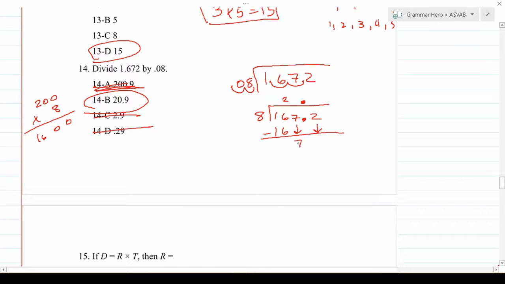So we just brought down our 7 and 2. Does 8 go into 7? It doesn't. It's too small. So we know this is going to be a 0 here because it's too small. We have to actually go on to the 2. Does 8 go into 72? It does. 9 times 8, of course, is 72. Subtract, that's 0.